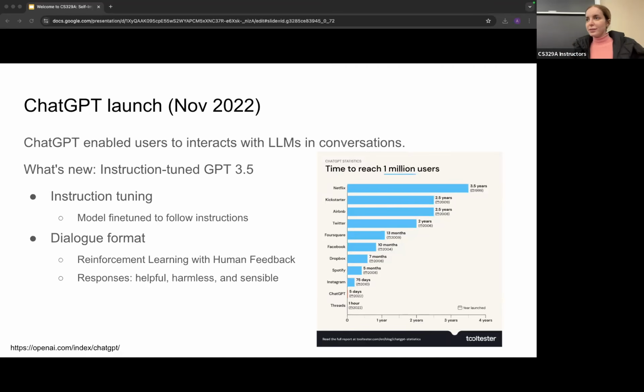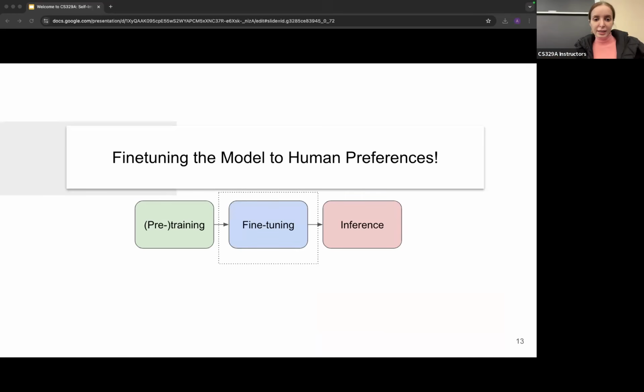It provided this interface to the public, to everybody, and it was fine-tuned with methods such as reinforcement learning with human feedback. And the responses were not only following the human instructions, but also they were designed to be helpful, harmless, and also to be sensible. Now, let's take a look at where these kinds of optimizations come from in the process of optimizing LLMs.